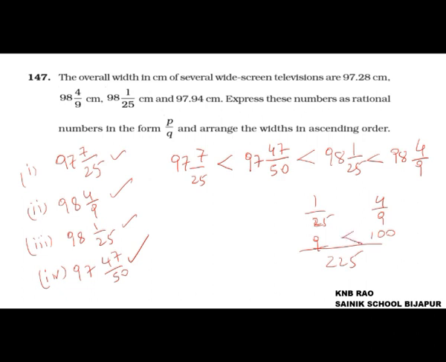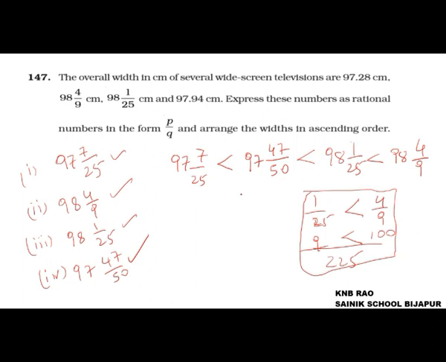Obviously this 9 is less than 100. So 1 by 25 is less than 4 by 9. That way also you can compare taking LCM, this is the traditional method. You can use common sense also.